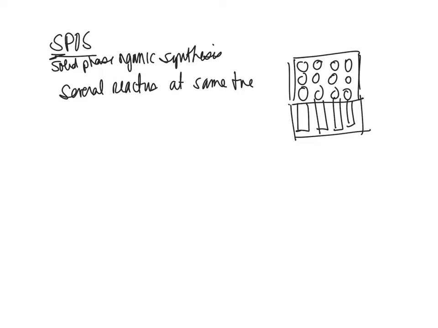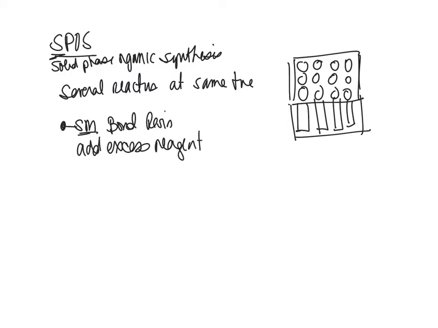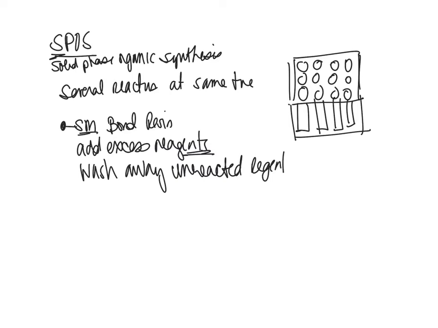Now the advantages are you'll have your starting material of your reaction bound to a resin. And then you can add excess reagents, which will drive your reaction to completion, and then you can just wash away the unreacted reagents or any kind of impurities.